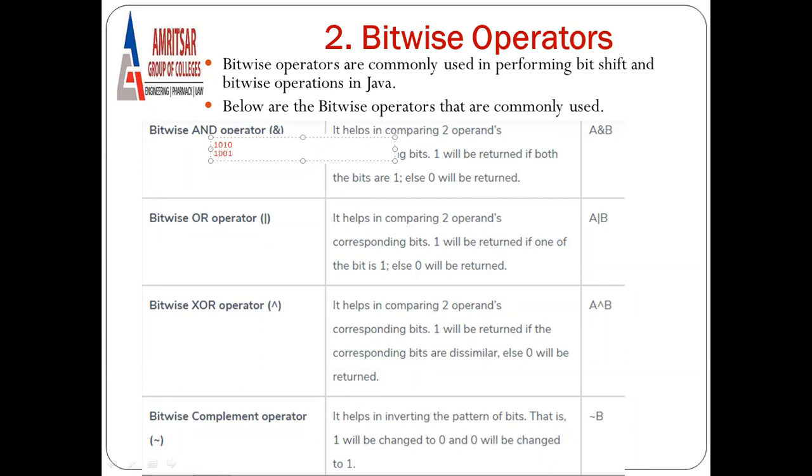So if we want to perform the AND operation on this, in the AND operator, if both bits are 1, then 1 will be returned.